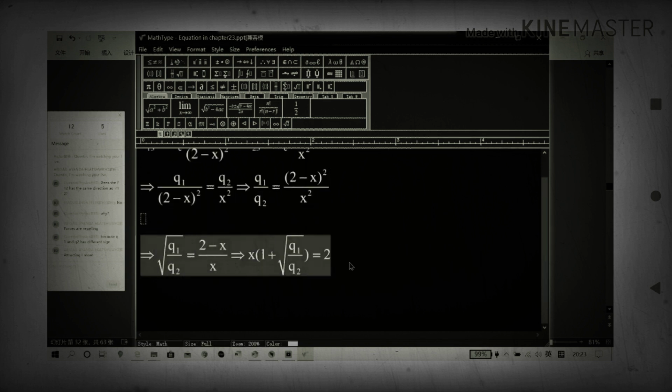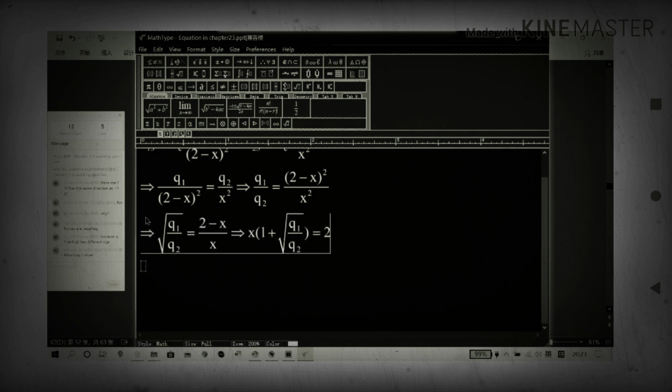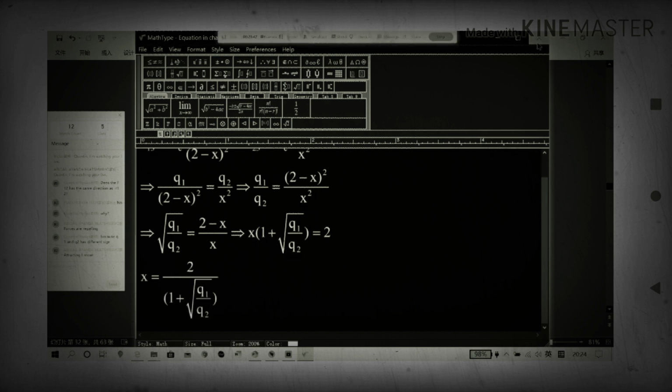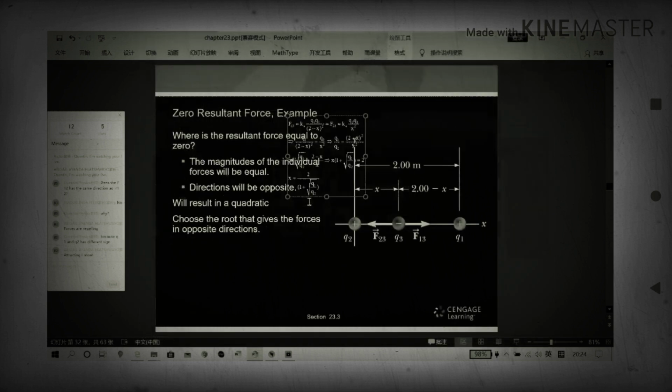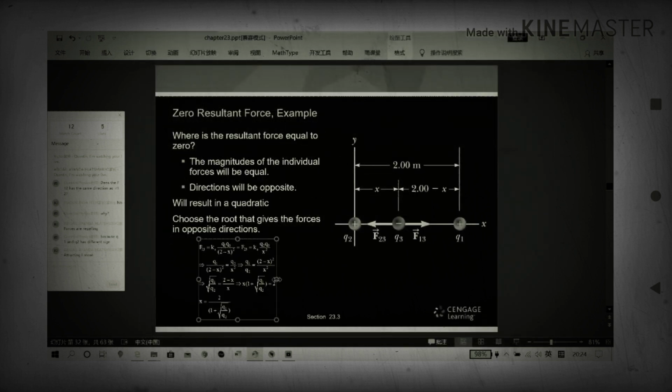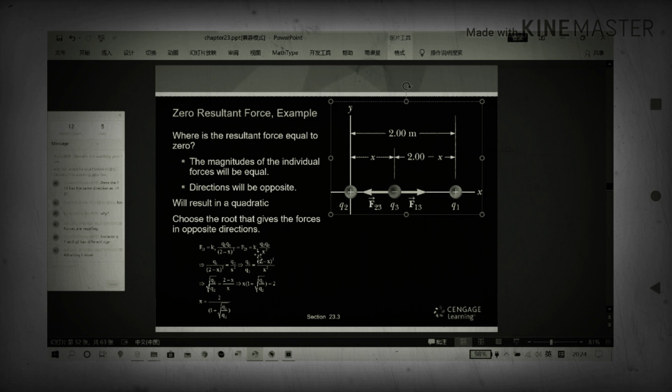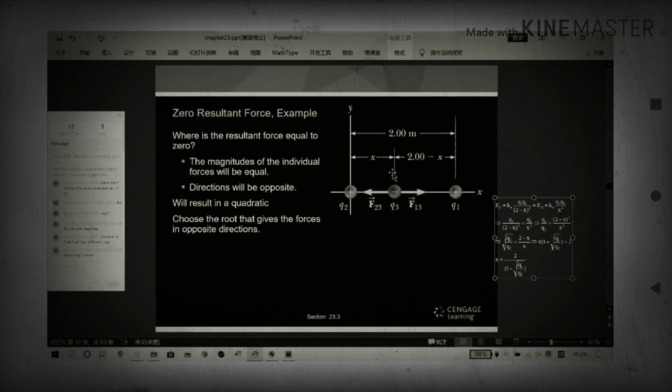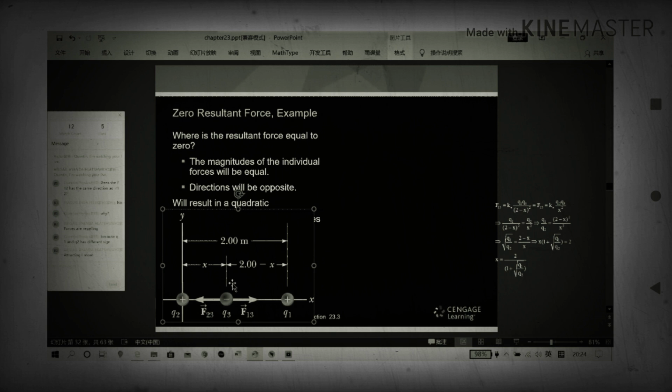Alright. So what's the result for x? x equals, let's say, 2 divided by this one. This is how we do the calculation for problems like this.